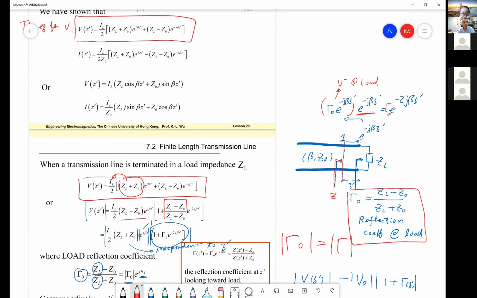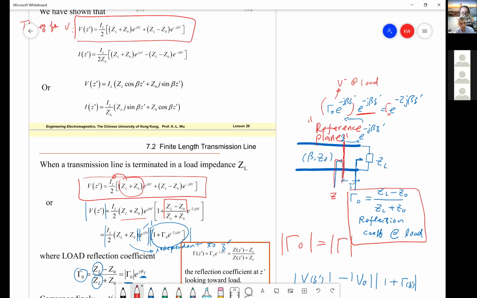So basically you move your load reference position. This is a reference plane. Okay. The reference plane is a very important concept in microwave and RF circuits.